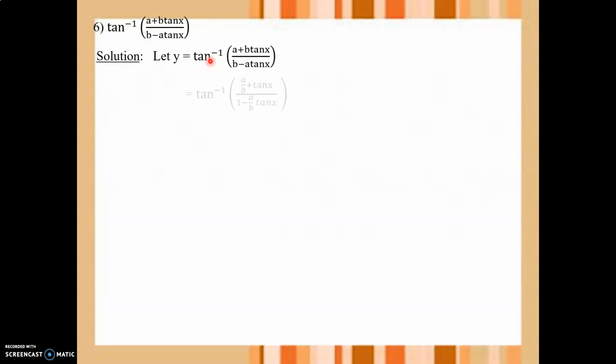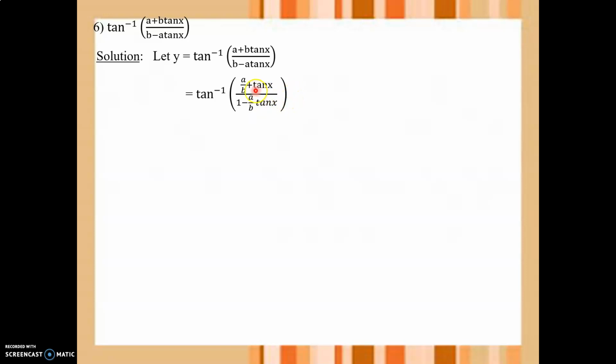Next question is tan inverse of a plus b tan x upon b minus a tan x. So we will divide the first term a plus b tan x, so the numerator will be divided by b. So a upon b plus tan x upon 1 minus a upon b into tan x.